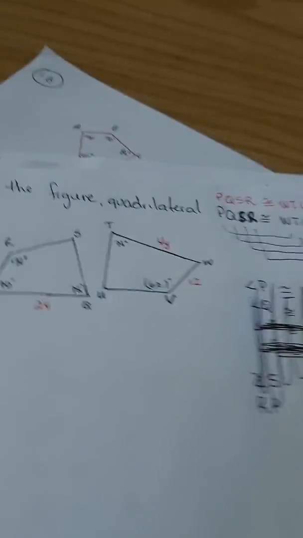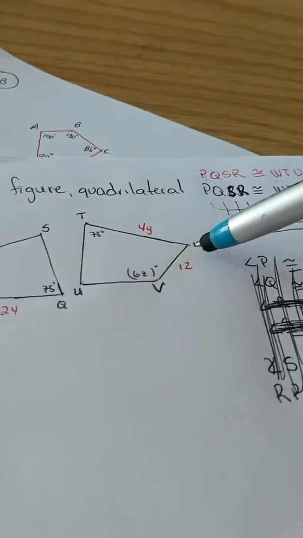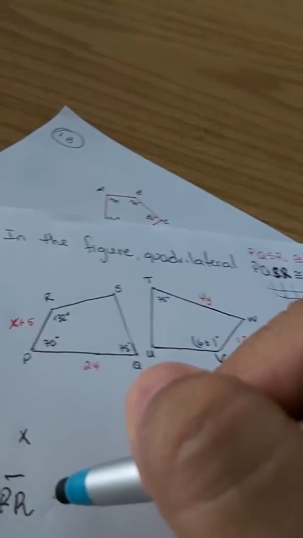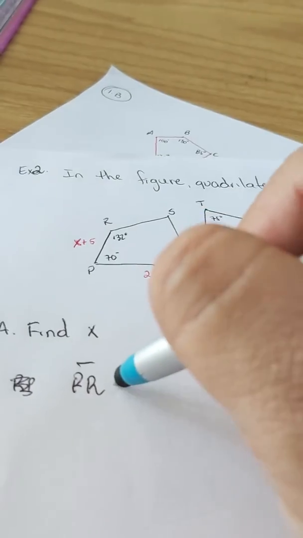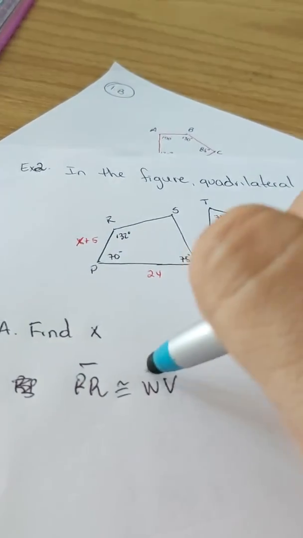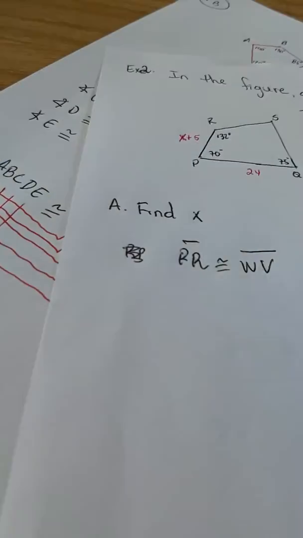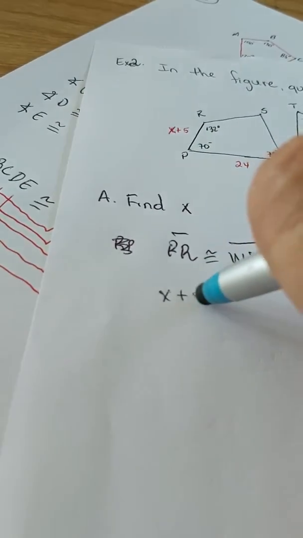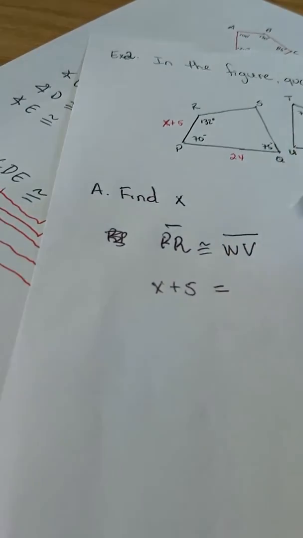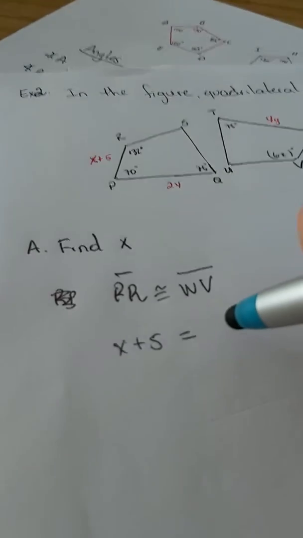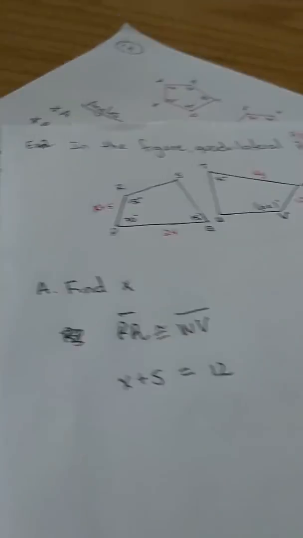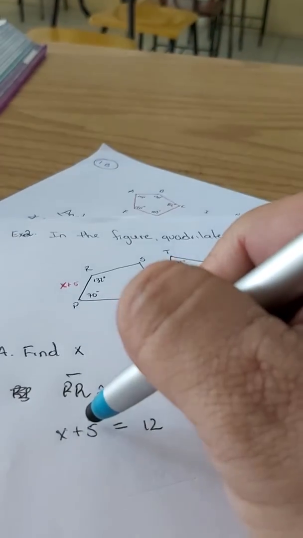Where do we have WV? Here. So what is the measure of PR? PR is X plus 5, and it equals WV, which is 12.